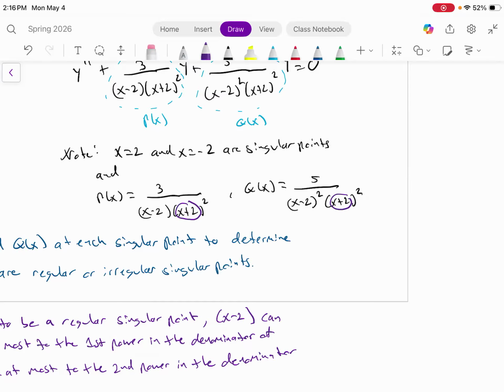Well, that appears to the second power in p of x and appears to the second power in q of x. All right, so it's going to cause some domain issues for p of x.